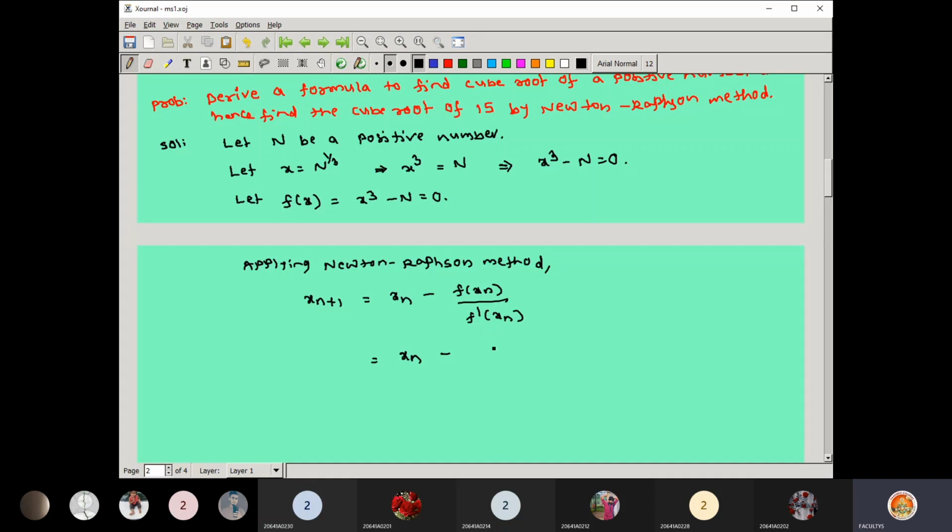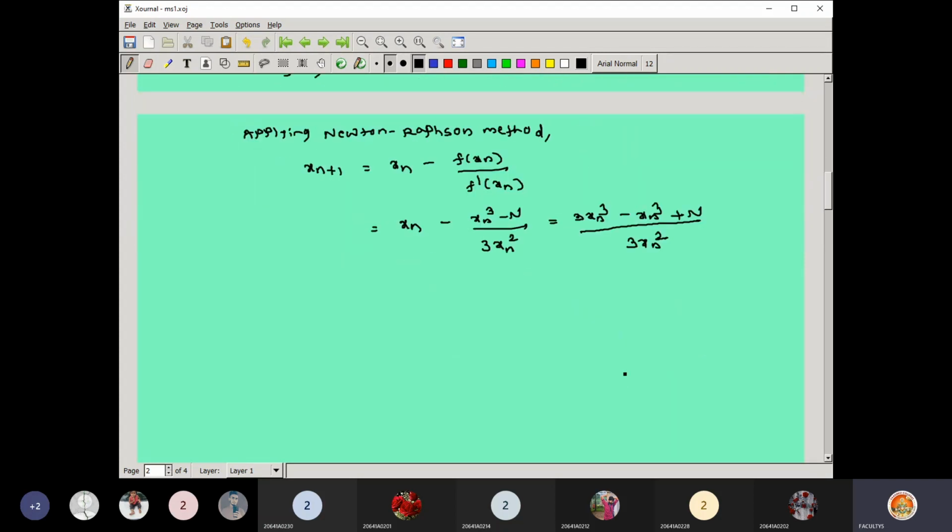Your function x is replaced by xn. So it is xn cube minus capital N, divided by f dash, its derivative, 3xn square. So I can write 3xn cube minus xn cube plus capital N, overall divided by 3xn square.